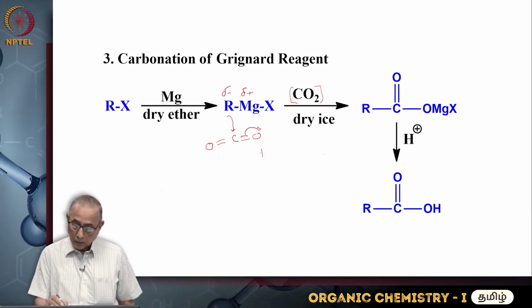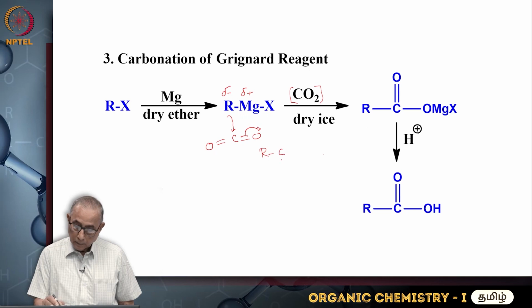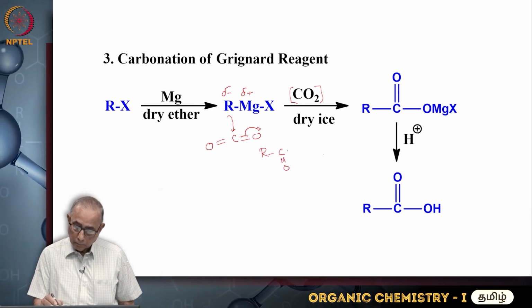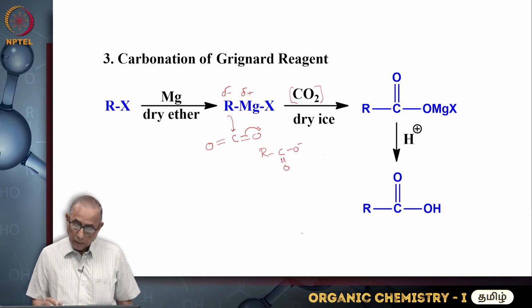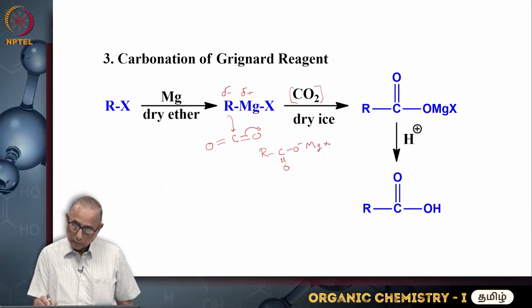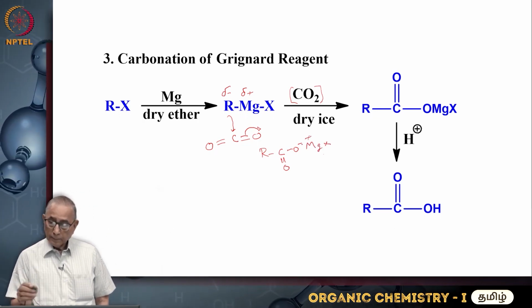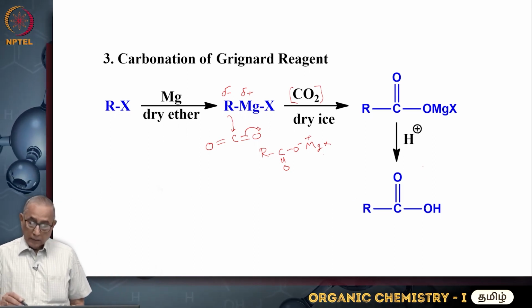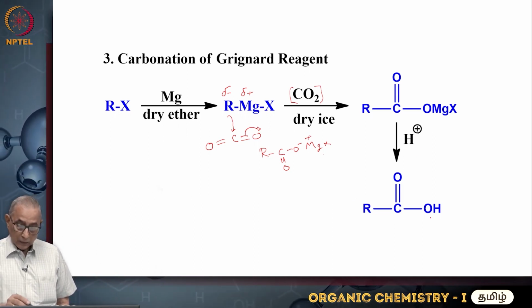It will form RCOO minus, then the MgX plus will be present. And when you neutralize it with acid, you get RCOOH.